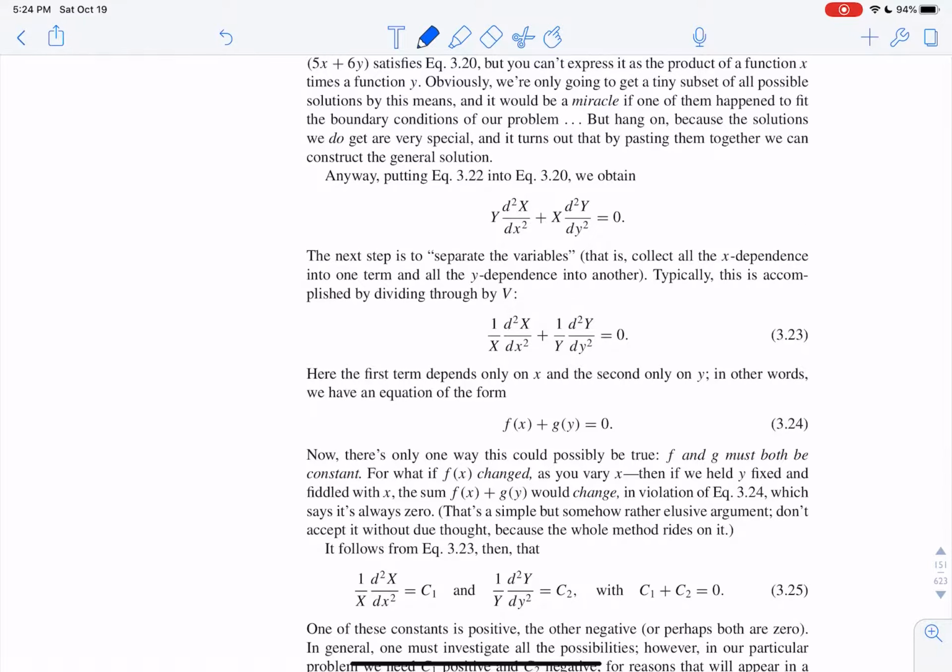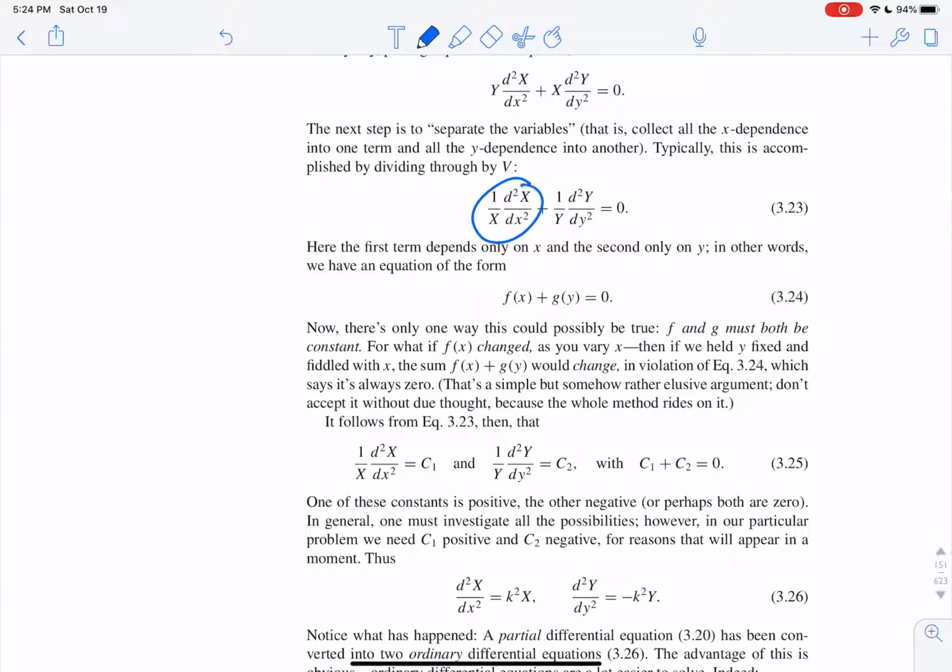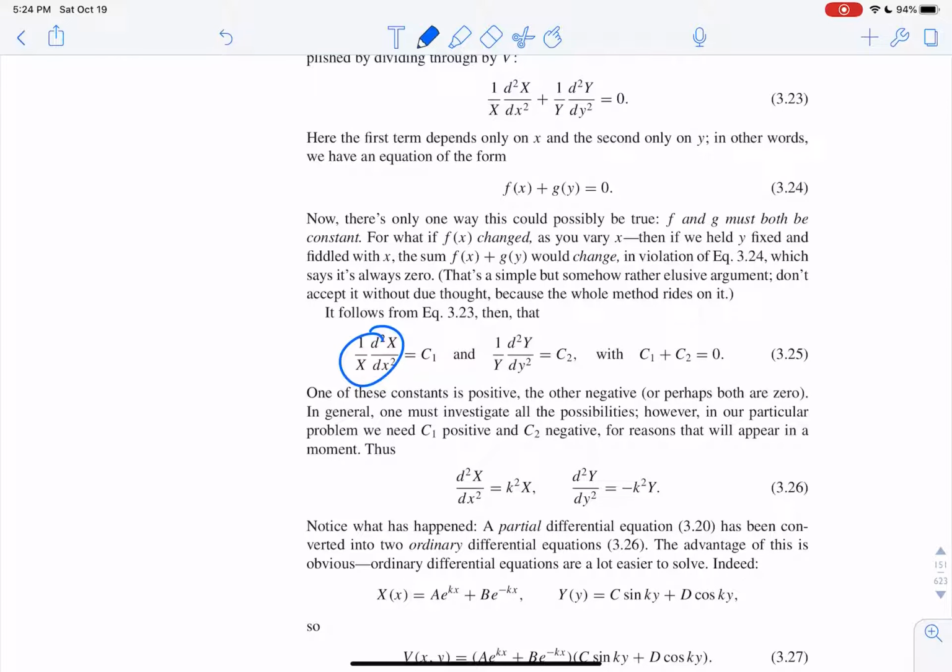You know that this and that have to be equal and opposite to each other. So each has to be a constant, and they have to be equal and opposite.